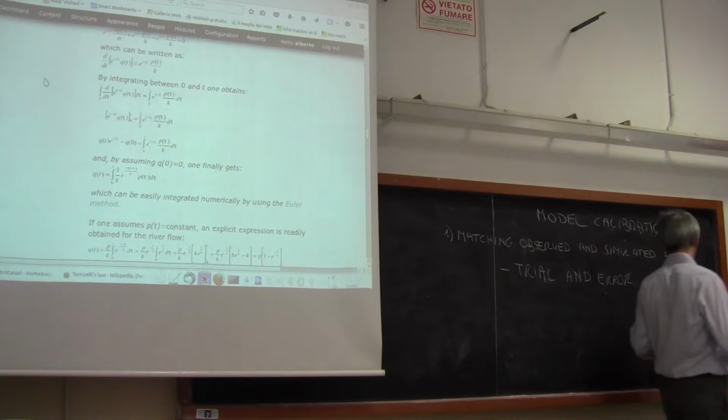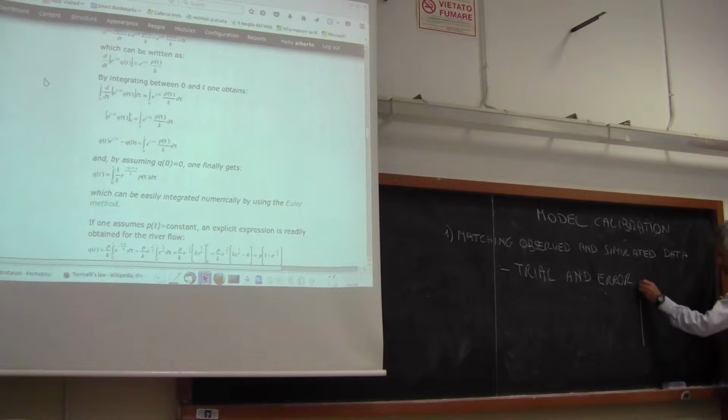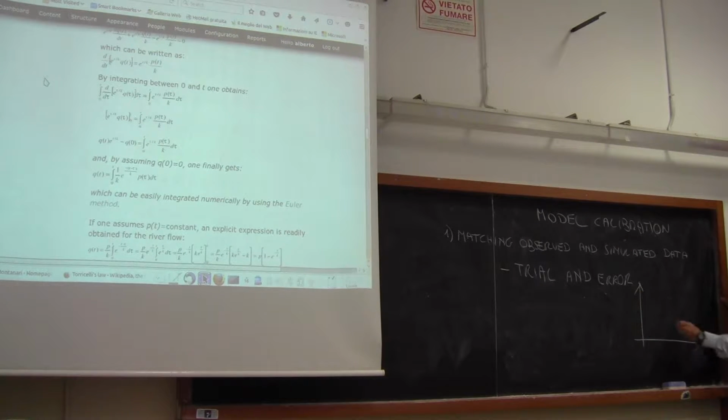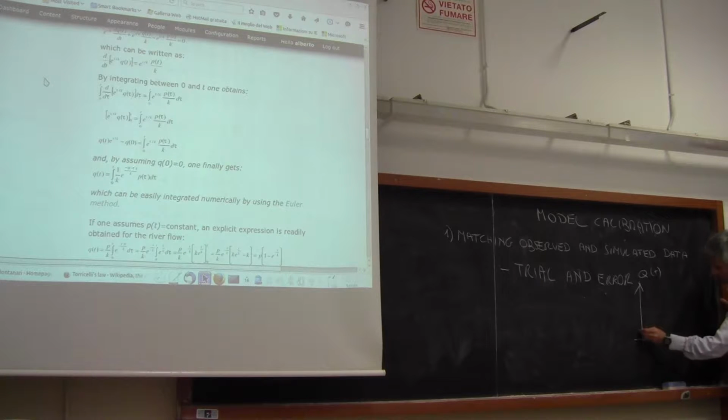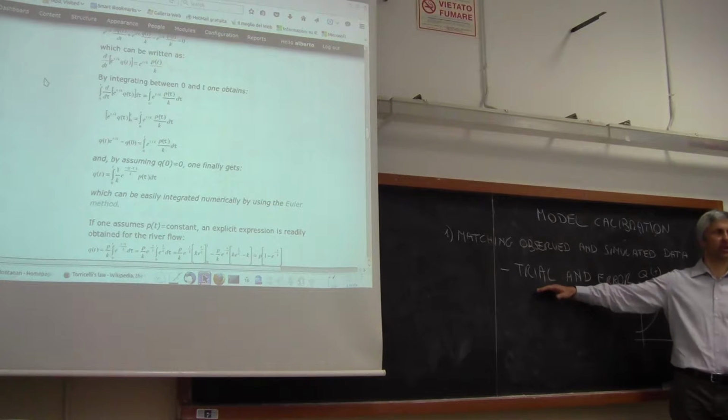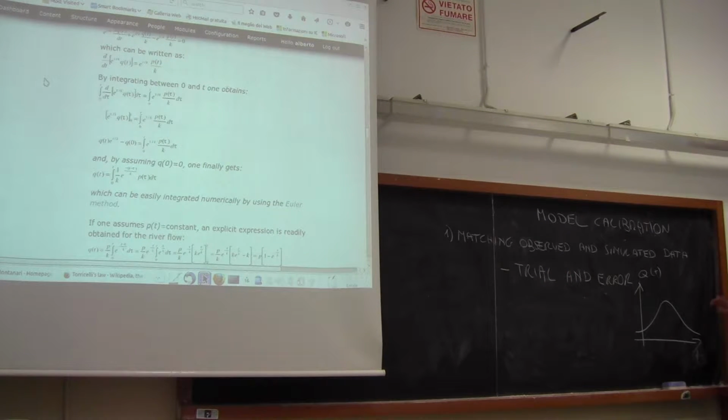Suppose that you have an observed hydrograph, QT versus T, and the observed hydrograph, let's suppose that looks like this. And then you apply a linear reservoir model, and you take a trial value for K. So you get your trial value, and what you get is something like this, for instance.